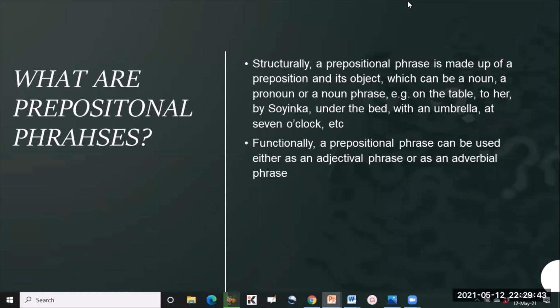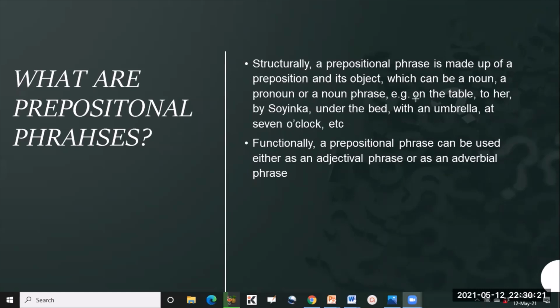Structurally, a prepositional phrase is made up of a preposition and its object, which can be a noun, a pronoun, or a noun phrase. For example, on the table, to her, by Shoyinka, under the bed, with an umbrella, at 7 o'clock, etc.